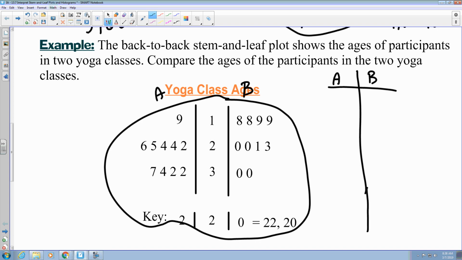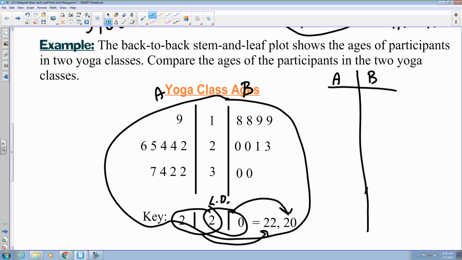So the key here, it says 20, which is 20. That comes from this value here. That's where I get the 20. And then 22 gives me 22. Remember that this is your lead digit. So it's probably a bad example. They probably should have put the 1 on there to kind of help you out.